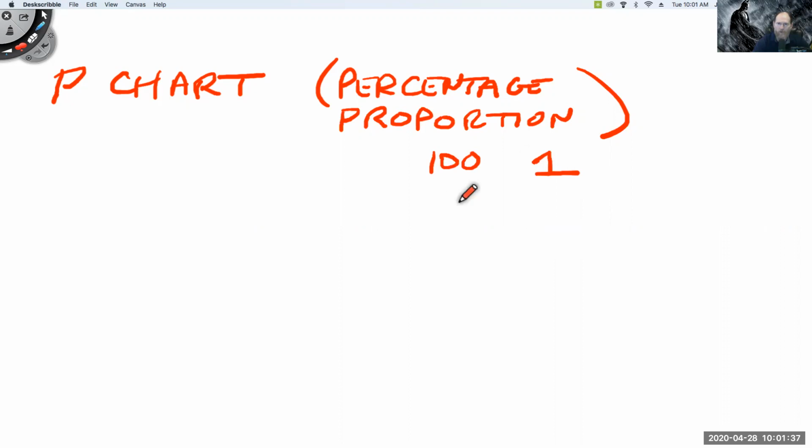So it might be 0.99 or 99, or it might be 0.04 or 4. But it's not more than this. So it's not going to be 102, and it's not going to be 200. You might have percentages like that in other disciplines, but you won't here.